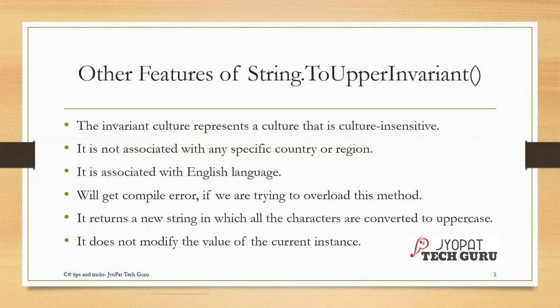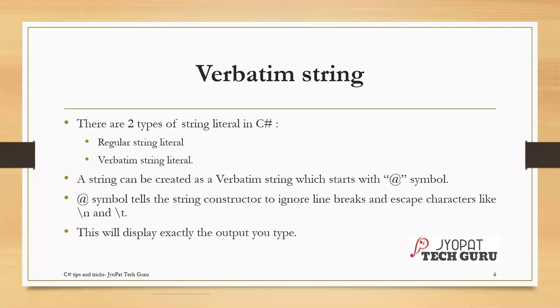If we try to overload it, of course, we'll get a compile error because it is already predefined. It is already given a definition by Microsoft. So it returns a new string in which all the characters are converted to uppercase. It does not modify the value of the current instance. Instead, the entire string is getting converted to uppercase. This is all about your ToUpperInvariant method.